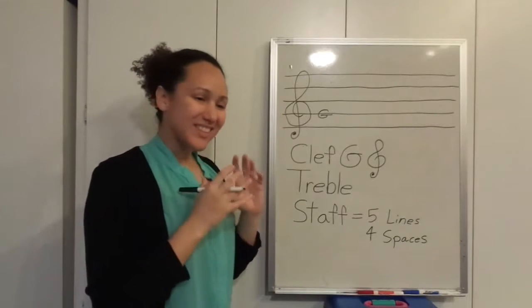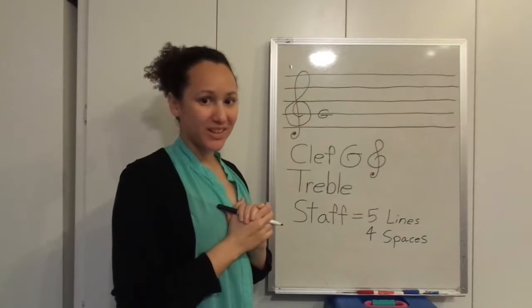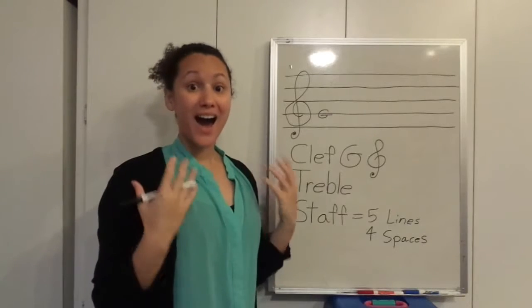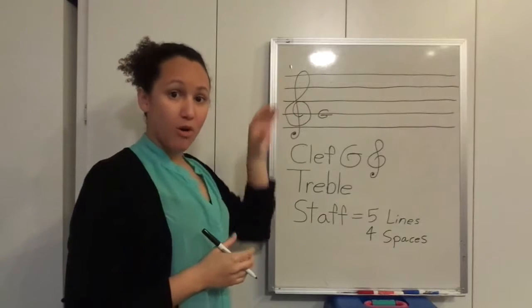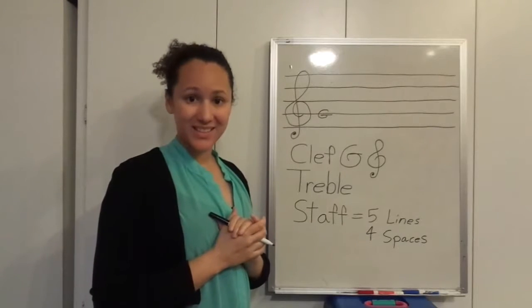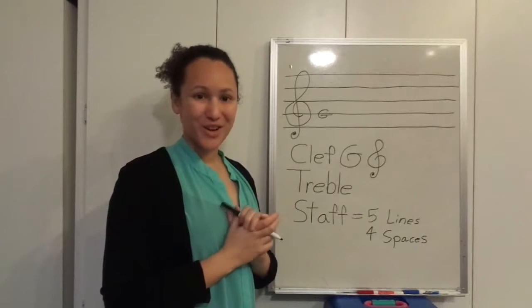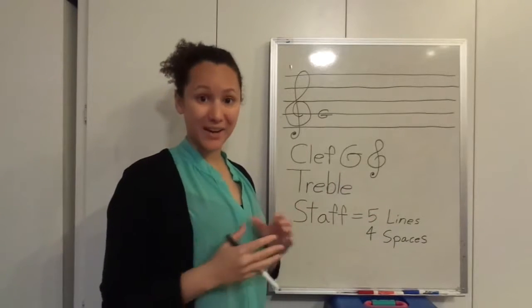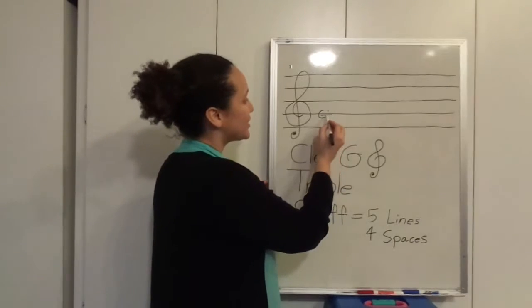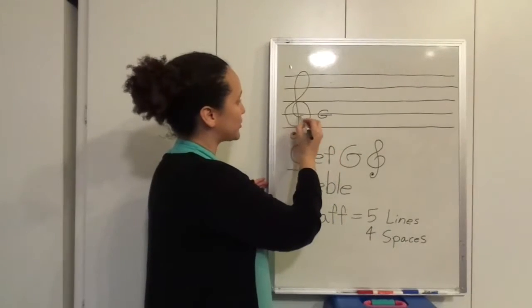Now, this is a very important word in music. It actually means high. So this clef is what we use for high voices, high instruments, or the right-hand part to a keyboard instrument, such as the piano. So there's our G, and there's the swirl.